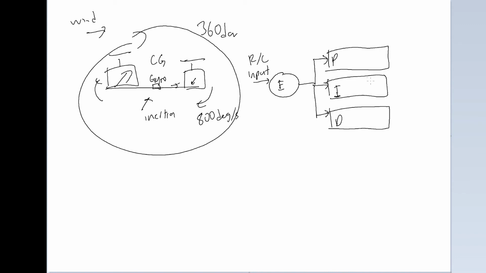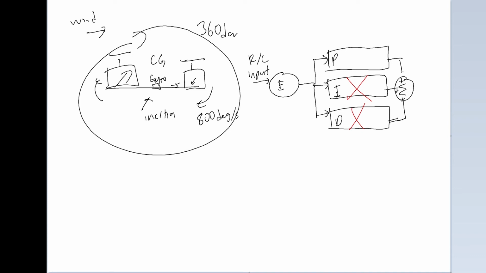For the purpose of this particular segment of the video, we're not going to focus on I and D, so let's assume this is just a P controller, a proportional controller. So it goes into this adder, so if you remember calculus, that is the symbol for adding.